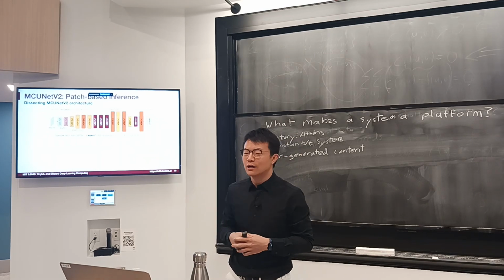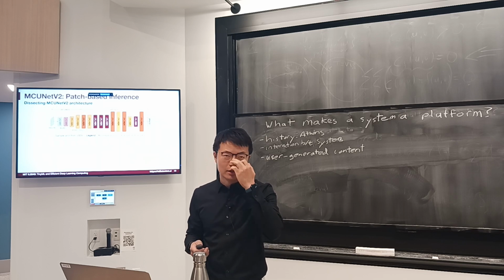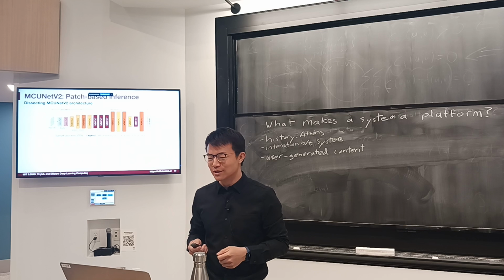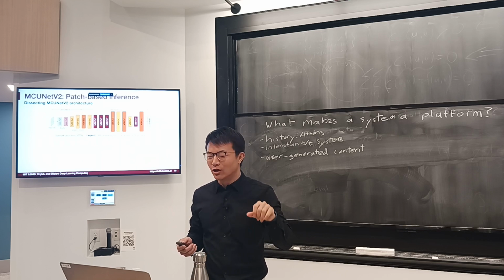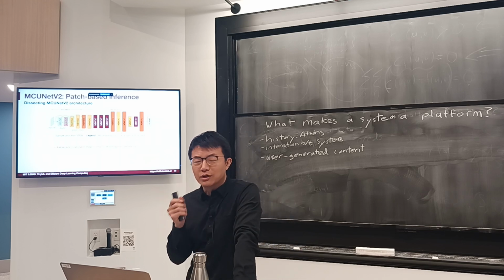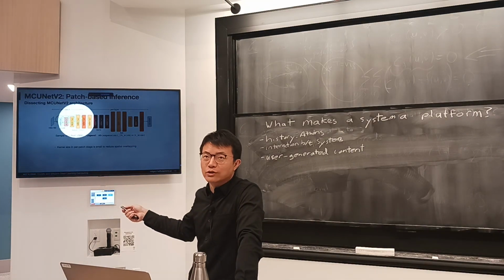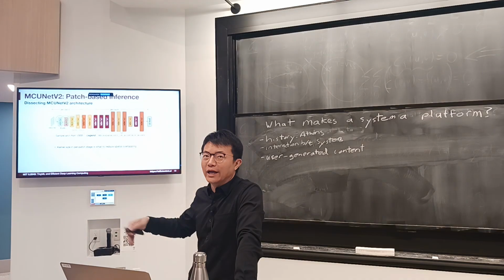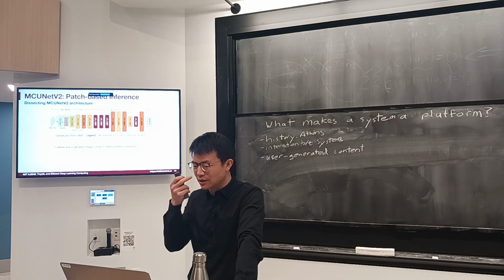Let's continue to dissect the MCUNet v2 architecture to understand some of the design principles and see that this kind of automated design actually has lots of insights. For example, the kernel size in the per patch stage, which is this early stage where the resolution is pretty big and the activation is pretty large, so we have to use per patch-based inference to fit it in the memory.